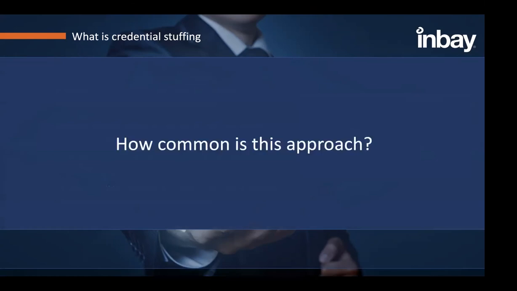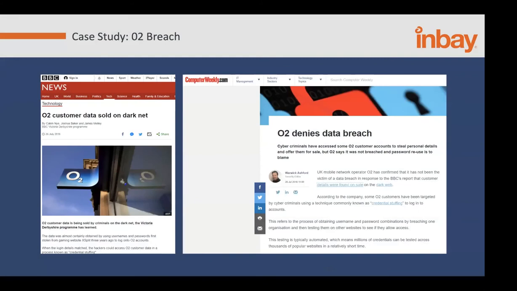So how common is this approach? Well, let me give an example. In 2016, O2, a big mobile phone company in the UK, had a BBC reporter publish an article saying that O2 had customer data sold on the dark net.